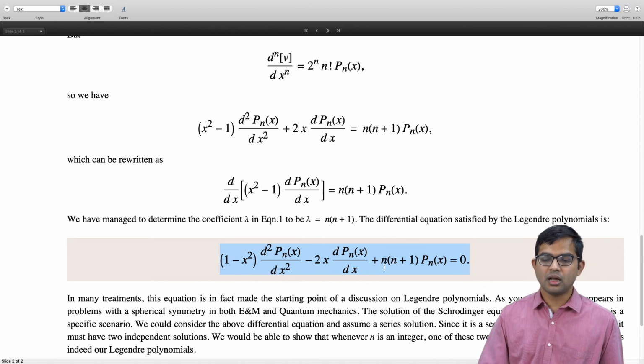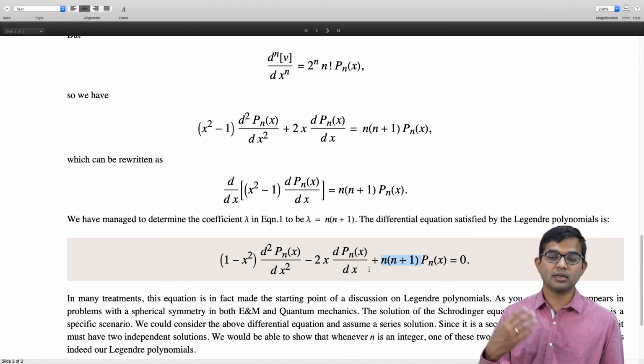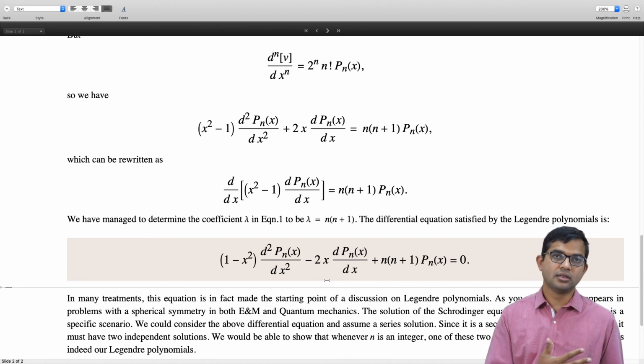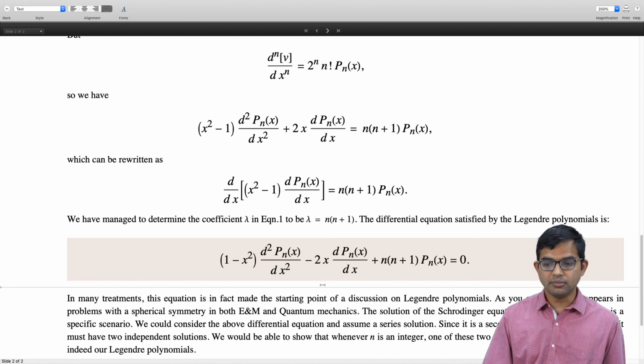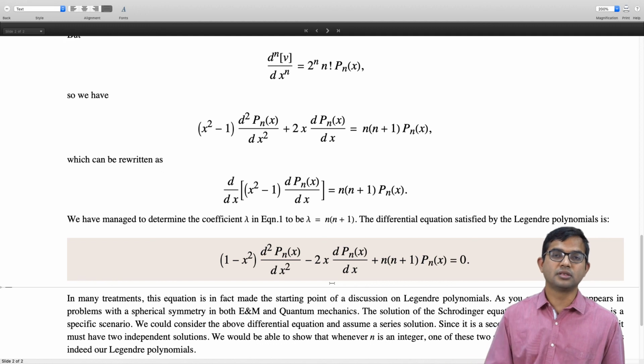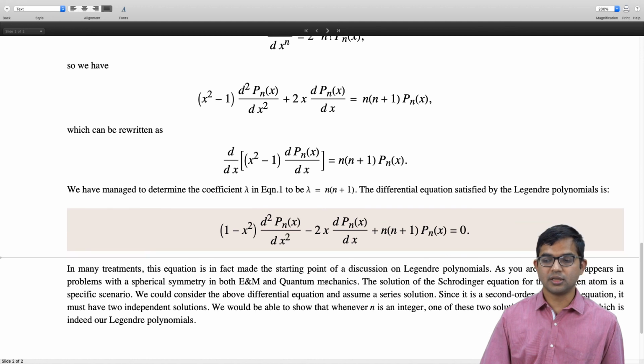There you start with this differential equation where this constraint is not necessarily already put in, and then we argue that if we want solutions which are polynomial, so that the wave function has a physically viable meaning associated with it, then we get these Legendre polynomials, and often that's the starting point from which we make a thorough study of these polynomials and their properties.